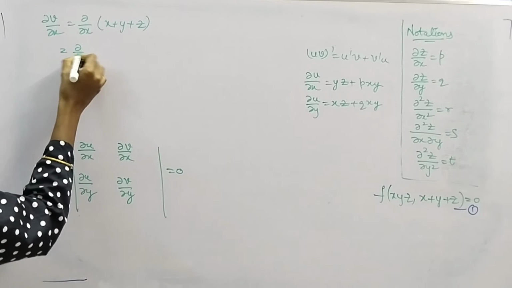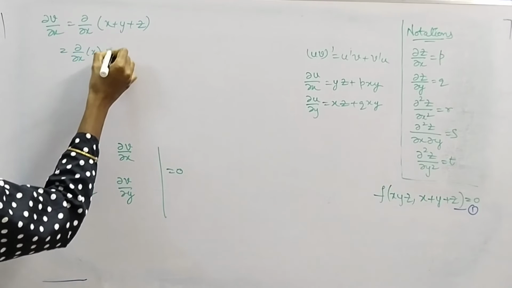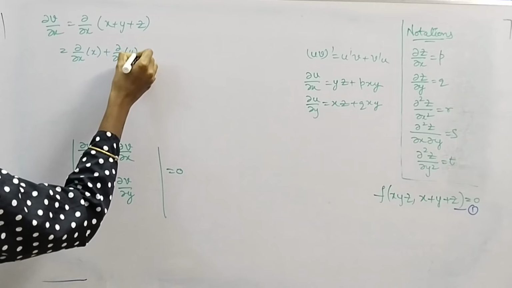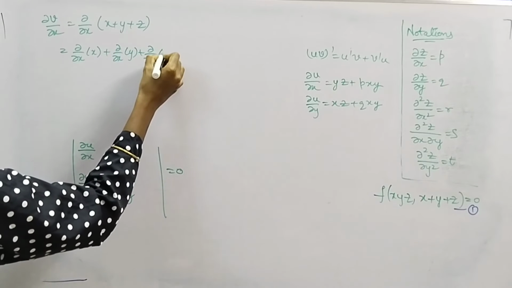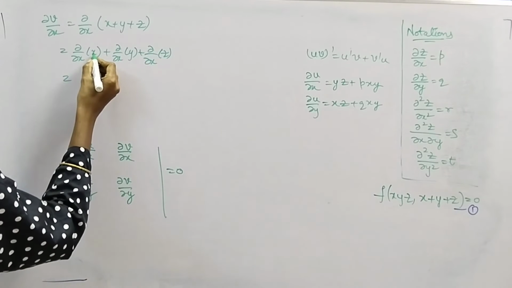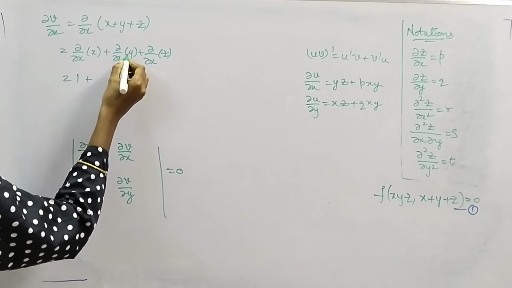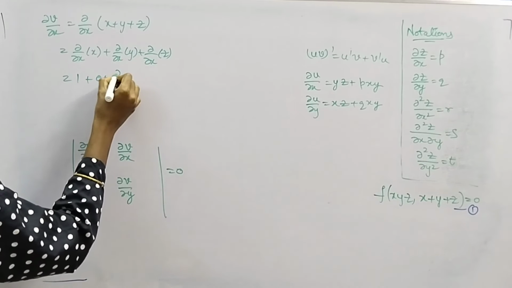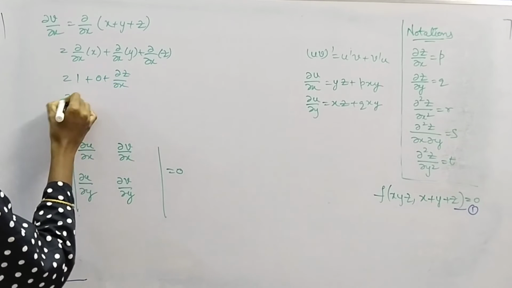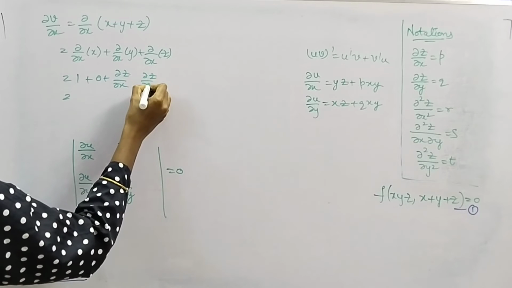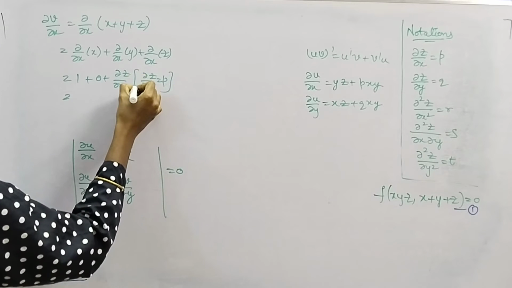This gives us partial derivative of x with respect to x is 1, plus partial derivative of y with respect to x is 0, plus ∂z/∂x. Since ∂z/∂x equal to p, just replace it by the notation.